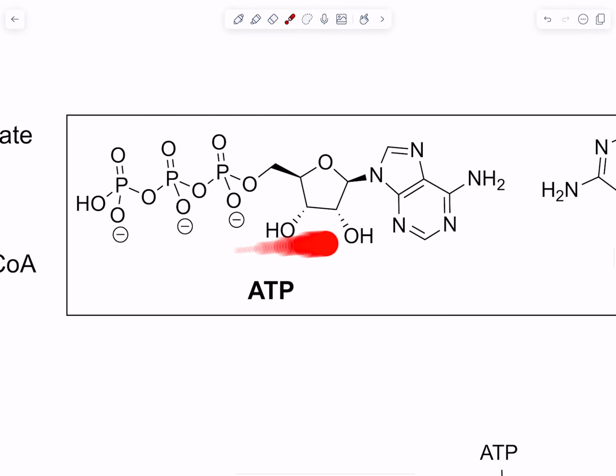So this is ATP. ATP is the chief energy currency in your body. The reason it works is because of these high energy, level 1 reactivity electrophile phosphoanhydride bonds.